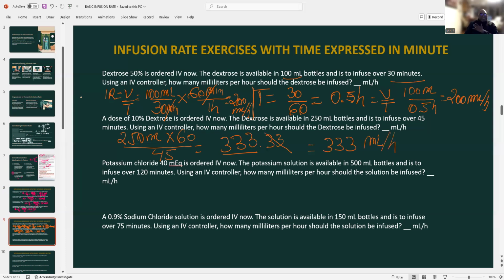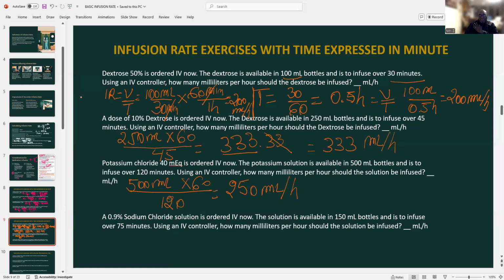All right. Next one, you got 500 over 120 minutes. So you have 500 milliliter, multiply that by 60, divide that by 120. So 500 times 60 divided by 120, and you will get 250 milliliter per hour.